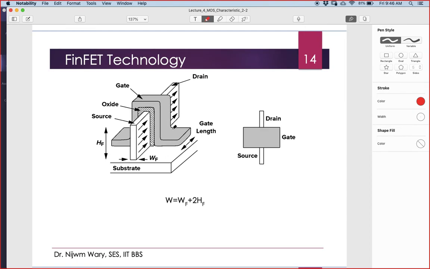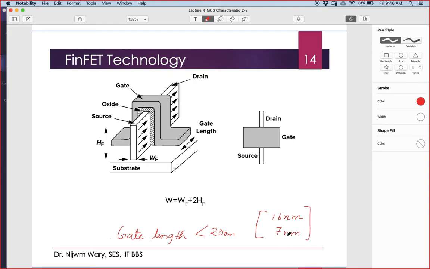As the process is going towards less than 20 nanometer gate length, you must have heard about 16 nanometer or 7 nanometer processors designed by Intel.